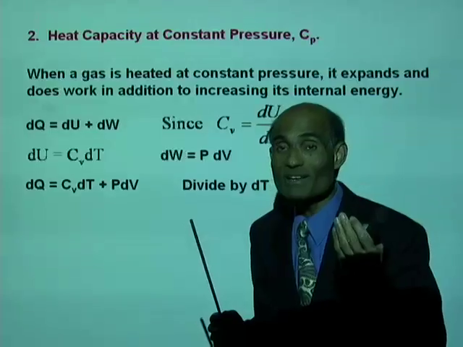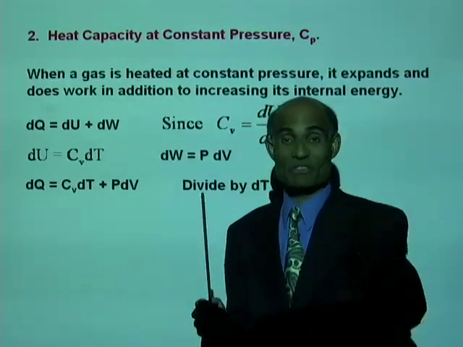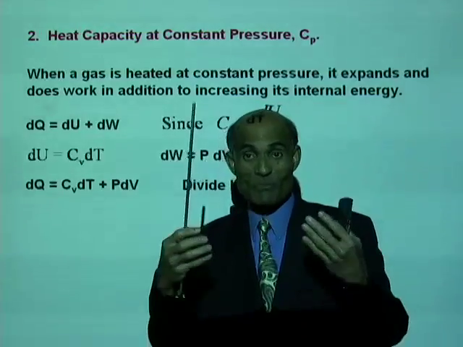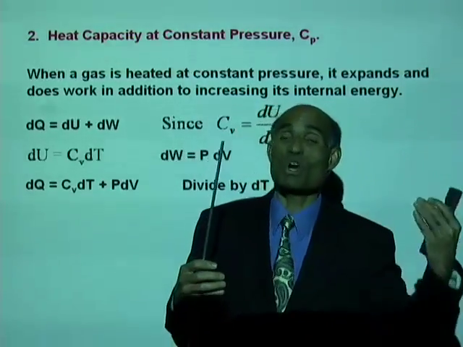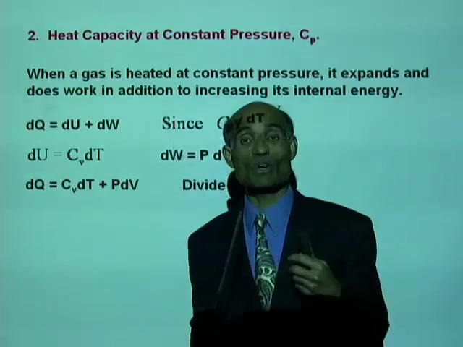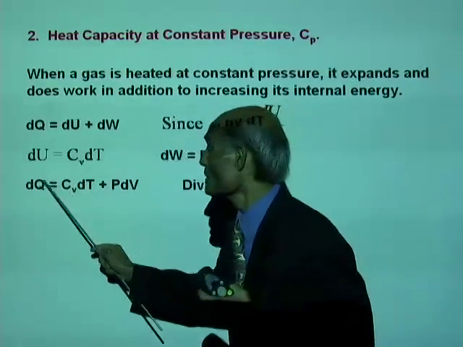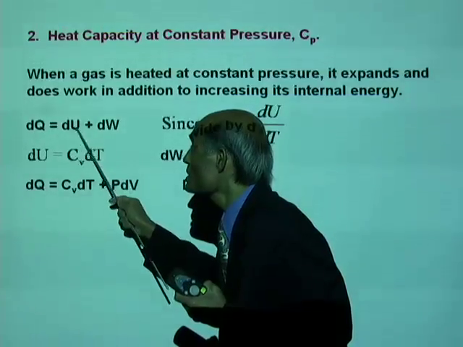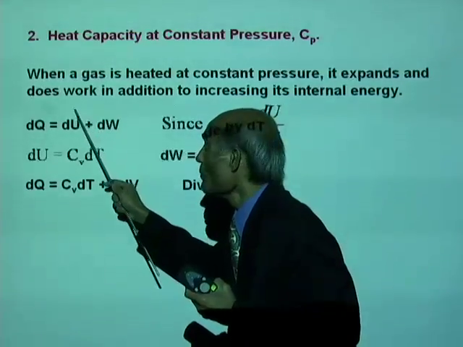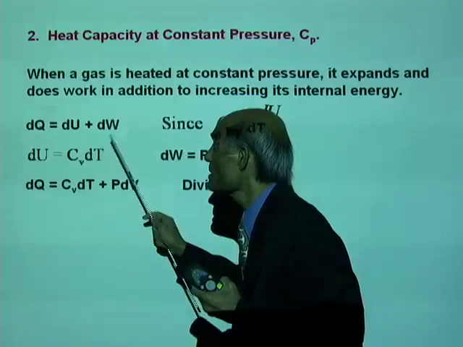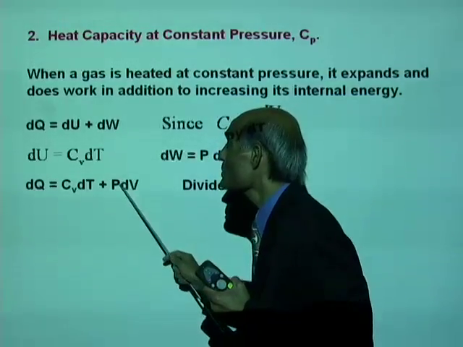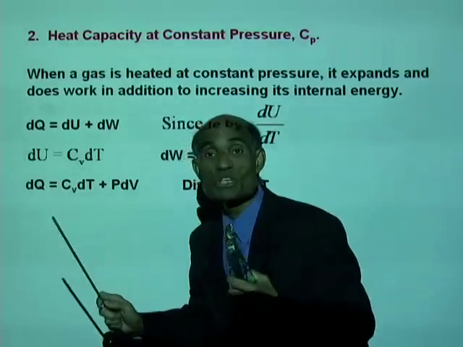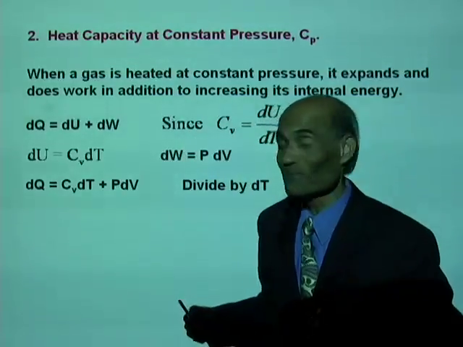This dQ by dT is a measure of the heat capacity, whether it is at constant volume or at constant pressure. So in this case, where dQ equals dU plus dW, where dU is Cv dT and dW is PdV, dQ by dT will be our Cp.